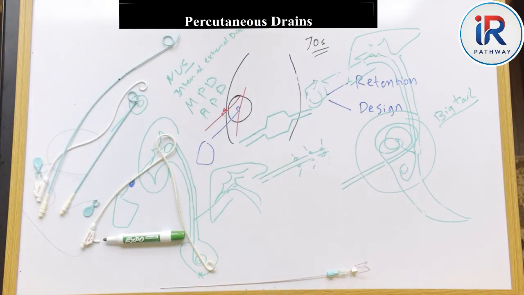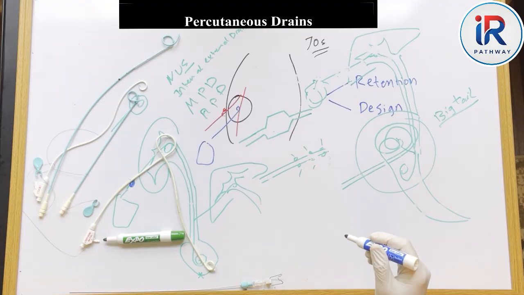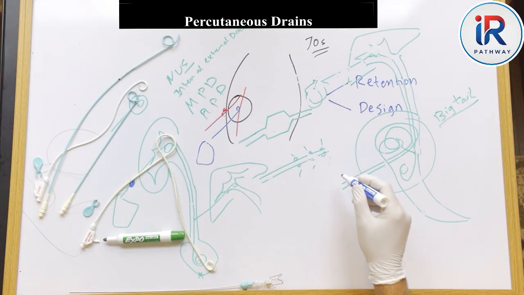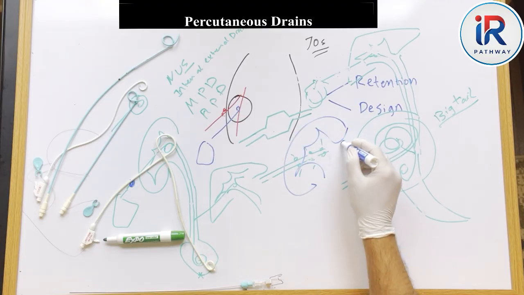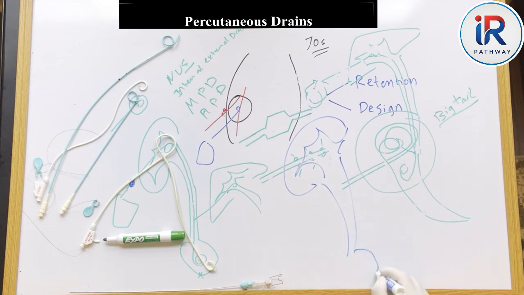Okay. Of course, nowadays there are more creative drains. I'm just trying to show you these types now, so you are familiar with them before we move on to other topics. For example, if the kidney is dilated, here is the kidney, and down there is the bladder, and we don't want to place an external drain. Of course, the well-known solution is that the urologist comes from below through the bladder and places a double J stent.